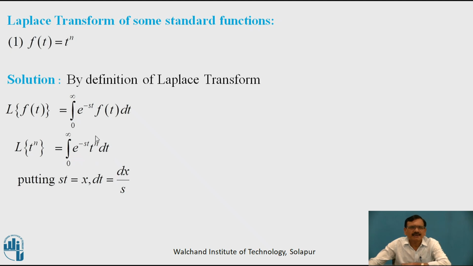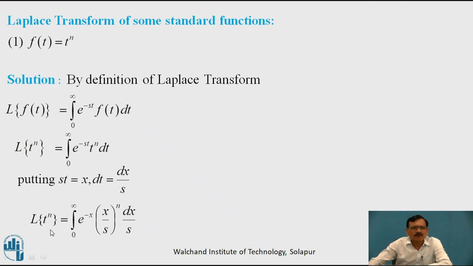Now, we have to integrate this integral, and looking at the integrand, we can express this in terms of gamma function. To do so, we substitute s into t equal to x, that is dt equal to dx by s, and the limits remain the same.